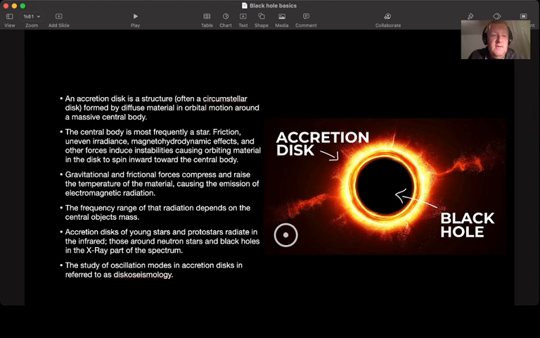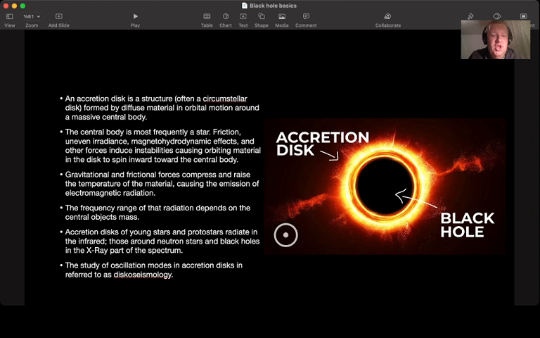Friction, uneven irradiance, magnetohydrodynamic effects, and other forces induce instabilities causing orbiting material in the disk to spin inward toward the central body.